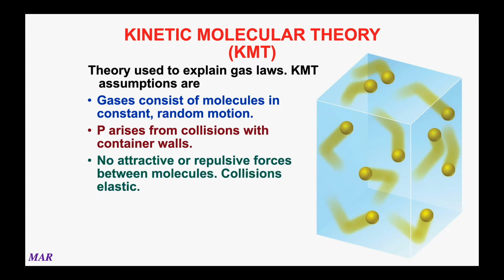Kind of interesting. In the KMT, they assume there's no attractive or repulsive forces between the gas molecules. They also assume that the collisions between the gas molecules are elastic, i.e., no energy is destroyed. Now this one we're going to start running into some problems with.